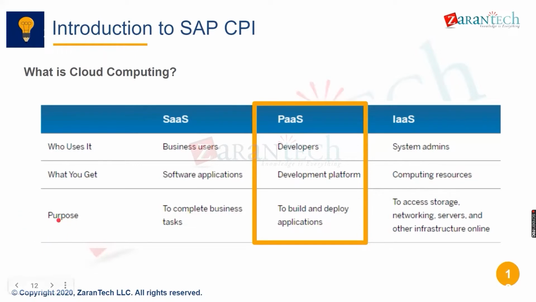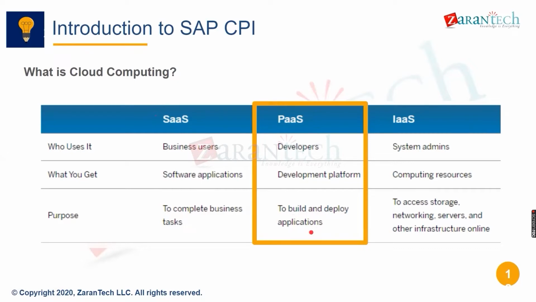Now, the main purpose of using software as a service, platform as a service and infrastructure as a service. The main use of software as a service is to complete the business task. Our main agenda, as developers or third-party vendors, is the business. That's why, to complete the business task, you use software as a service. Platform as a service is to build and deploy the application.